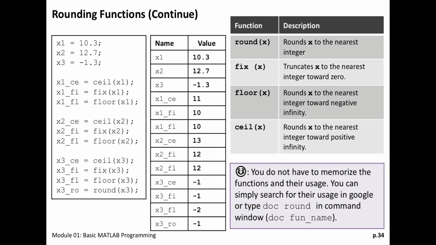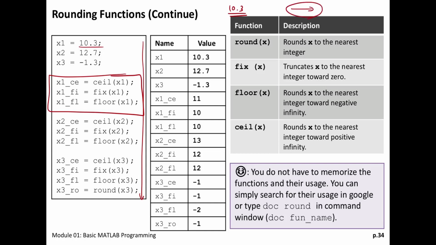Here's another example. Let's take a look at this example, but I will only cover this part. x1 is 10.3. So ceil is the nearest integer in the positive direction, right?